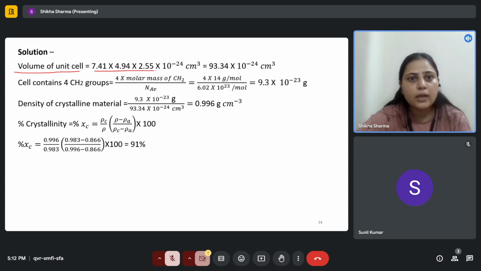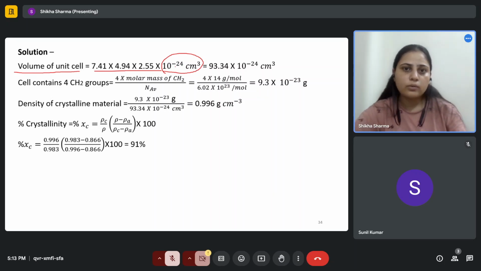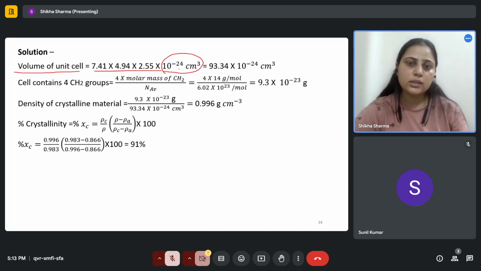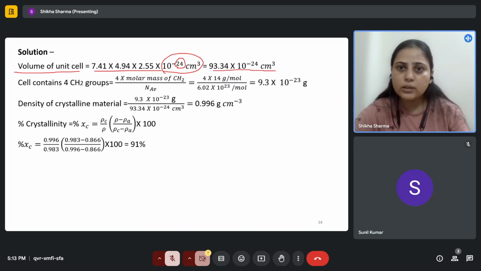We multiply all the dimensions A, B, and C, which is 7.41 into 4.94 into 2.55, in angstrom. 1 angstrom is equal to 10 to the power minus 8 centimeter, so for 3 dimensions it is 8 into 3, which is 24. So minus 24 centimeter cube. After multiplication, we get 93.34 into 10 to the power minus 24 centimeter cube.